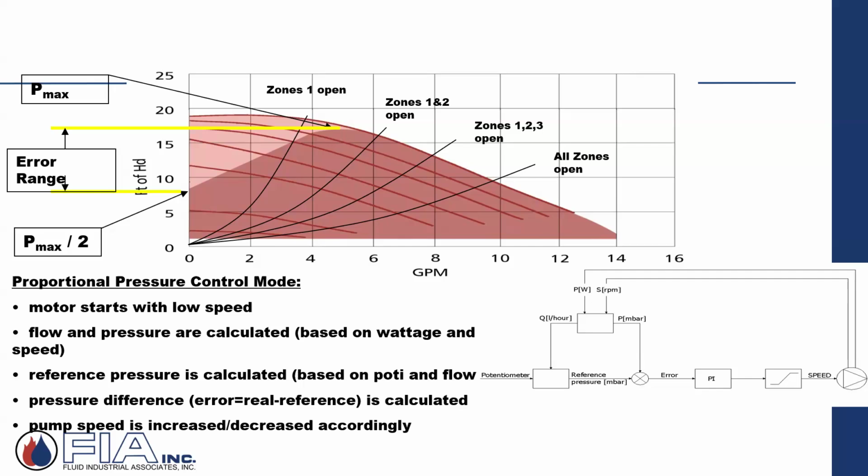So that's my range that I can work within. As the flow requirements start to be reduced because valves are starting to close, it's backing down, slowing down its RPMs, providing less flow, but it doesn't go all the way down to 0. It'll always maintain whatever that design head divided by 2. And that happens automatically in proportional pressure selection as that mode.